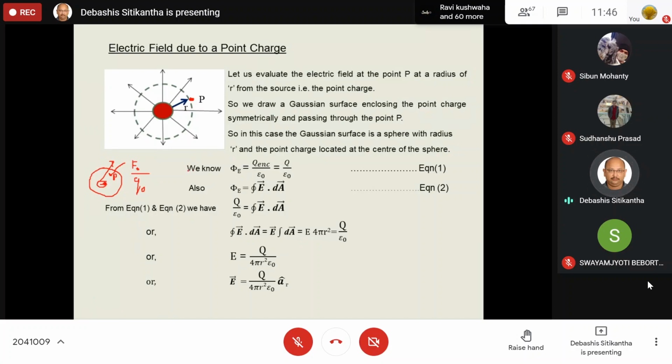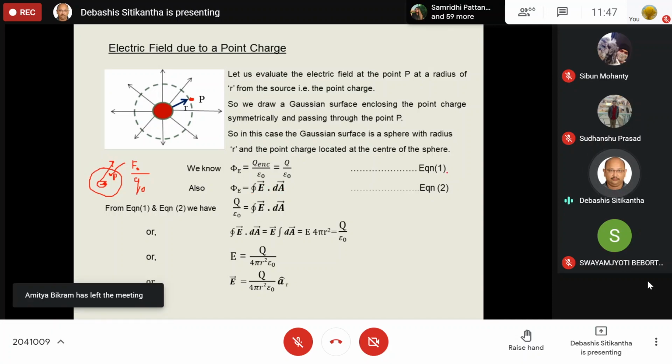Now just look at this. We know Gauss law says phi E is equal to Q enclosed by epsilon 0. Now what is the total charge that is enclosed by the Gaussian surface? It is equal to capital Q. So I have written Q over here divided by epsilon 0 as usual. Also we know, just remember the generalized equation: phi E is equal to the closed surface integral of E vector dot dA vector.